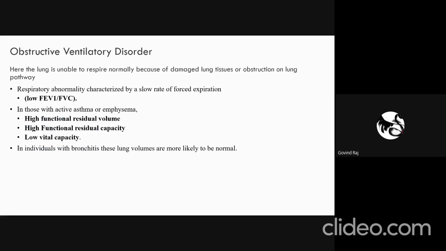First, the obstructive ventilatory disorder. From the name itself, we can get an idea that some kind of obstruction in the ventilation is happening. Here the lung is unable to respire normally, because of damaged lung tissues or obstruction in the lung pathway.